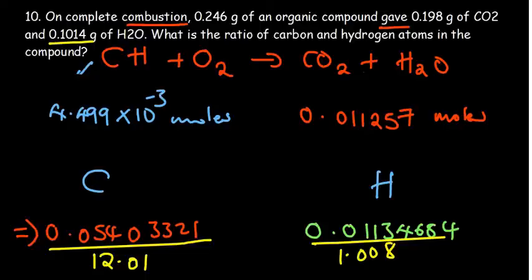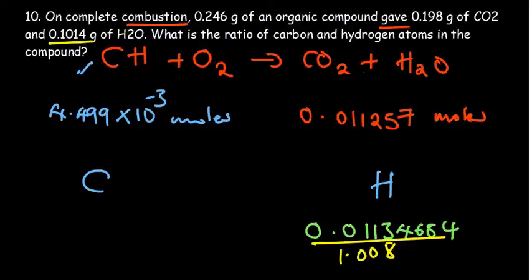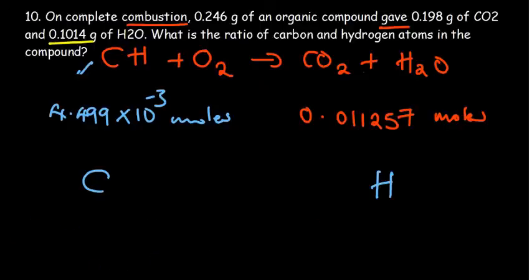So for us to find the ratio, we need to divide by the smallest. So since we only have two, the smaller one here is expected to be the one on the left. So divide by that. Of course, if you divide by itself, it will give you a 1.